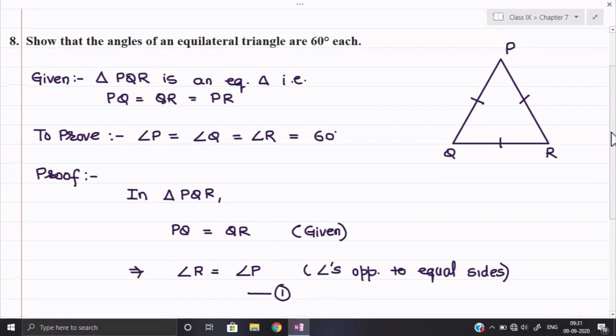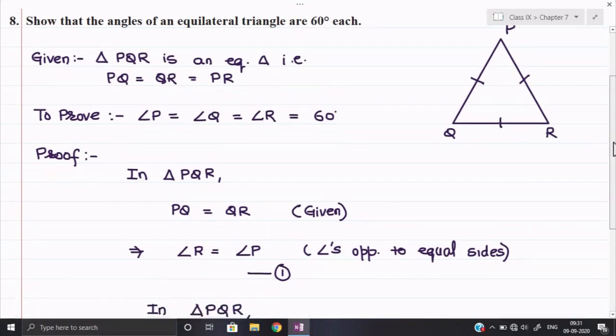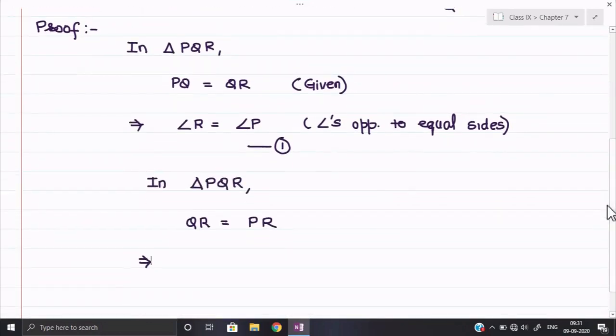In front of QR, observe, I have angle P, and in front of PR I have angle Q. The reason would be the same, so no need to write it again and again. So these two equations I got.